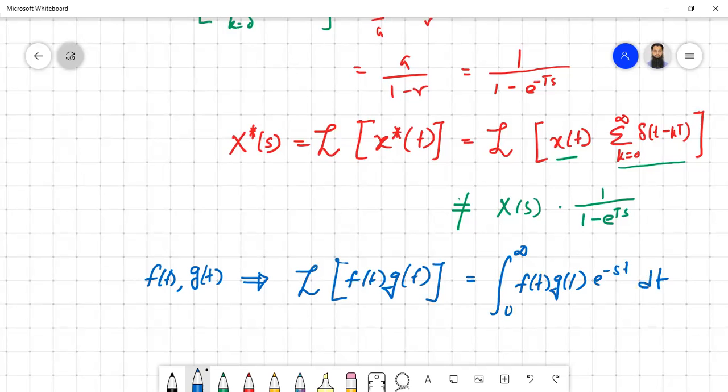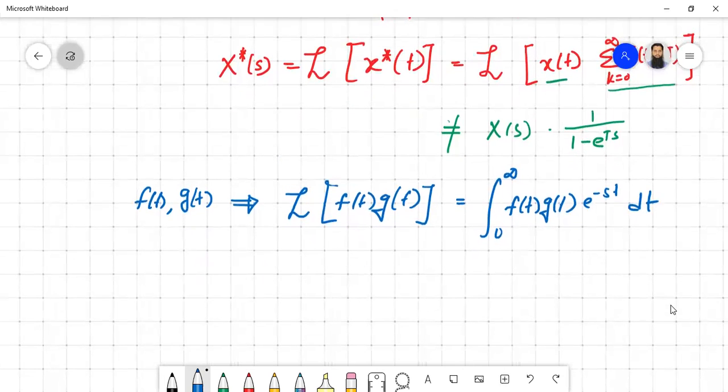That gives a solution, eventually known as the convolution integral, which is 1 by 2 pi j times the integration over c minus j infinity to c plus j infinity.